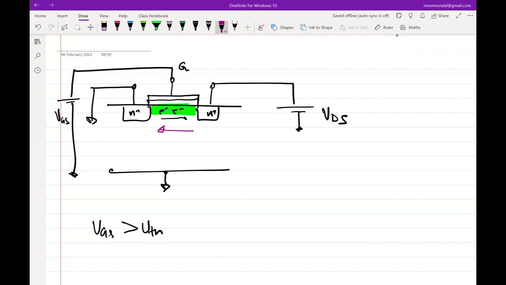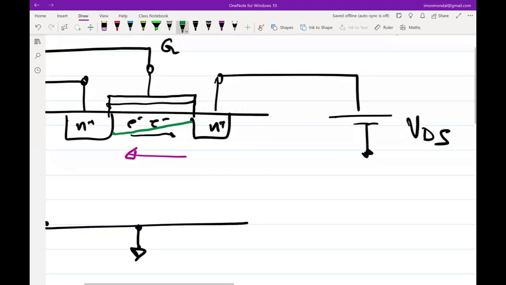But in the process, when you are applying a drain to source voltage, the rectangular slab of electrons that I have drawn in the channel will no longer remain rectangular, right? What will essentially happen is this slab will taper. You can think of every portion of this slab as a small section of a MOSFET itself.